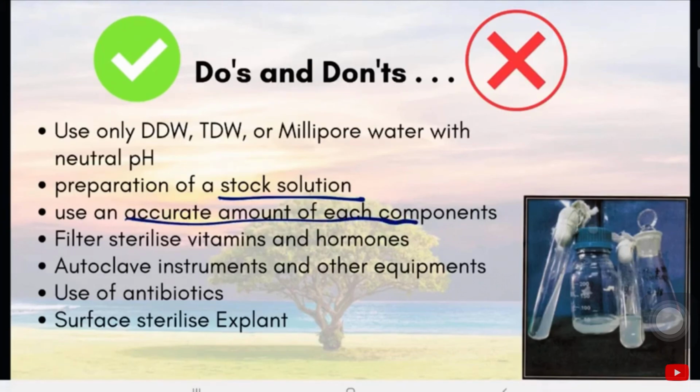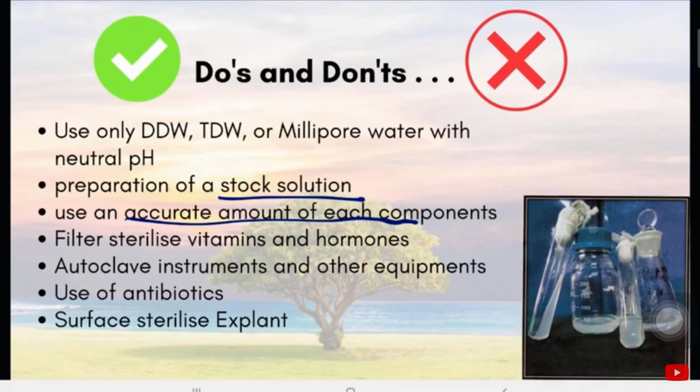We have to maintain the accuracy because if the media is deficient in any component, or we have added it in a surplus amount, it leads to certain problems like inhibition of protein synthesis, inactivation of enzymes, delayed growth, osmotic pressure imbalance, decrease in photosynthesis, etc.